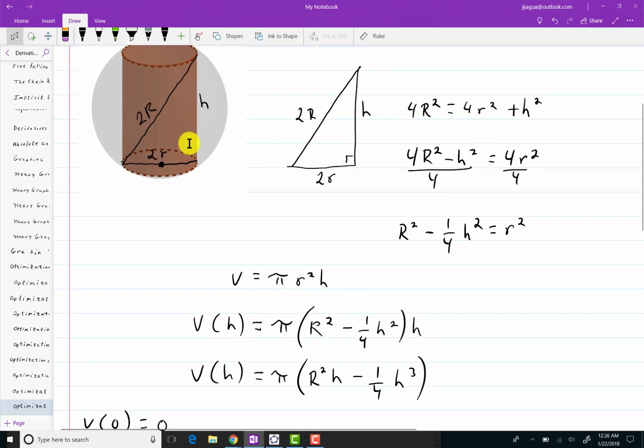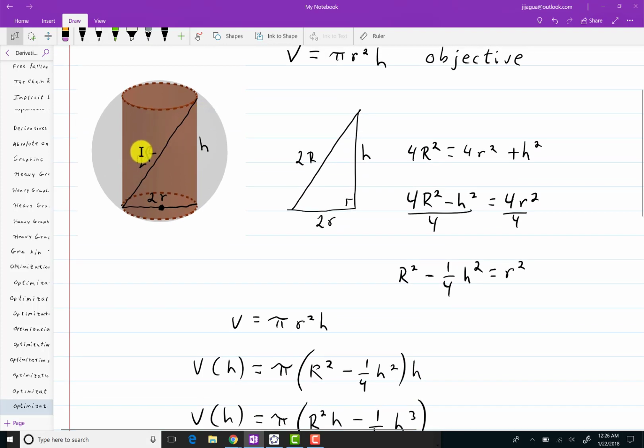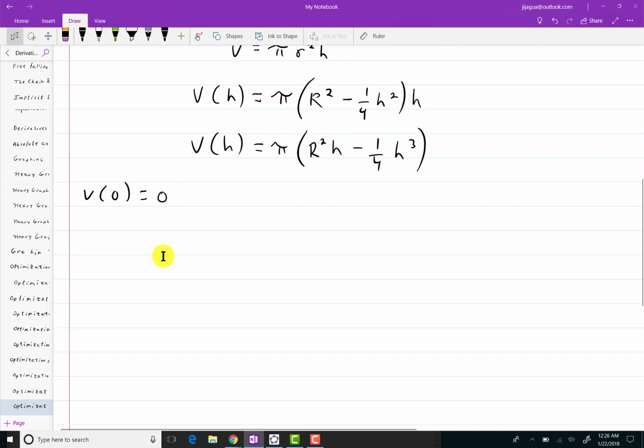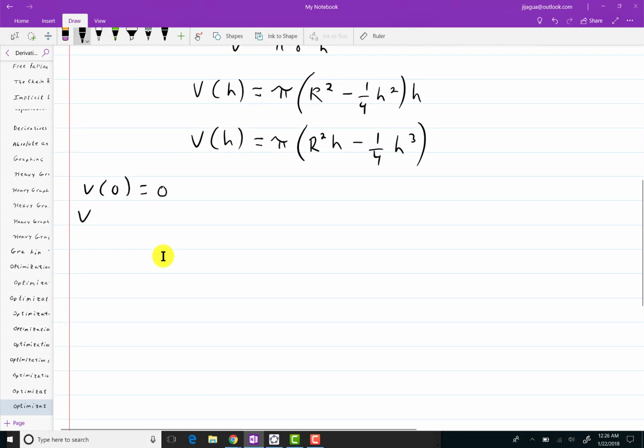And the most h could be is 2 capital R, because then it'll just be a vertical line going from the bottom to the top of the sphere. So the volume is going to be 0, but I'll plug it in just to show you that's the case.